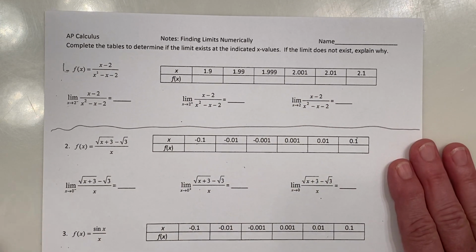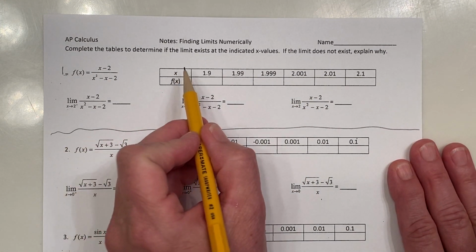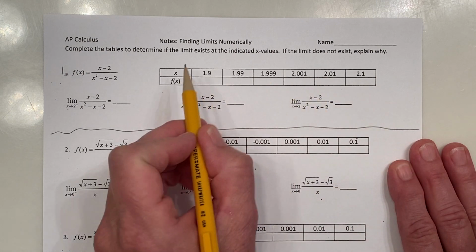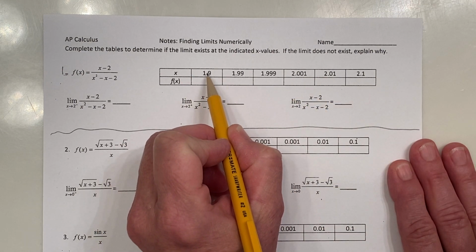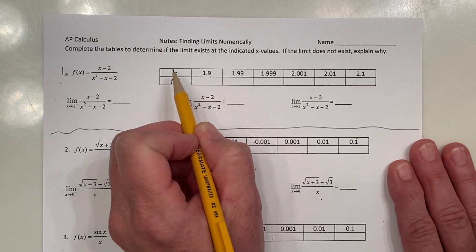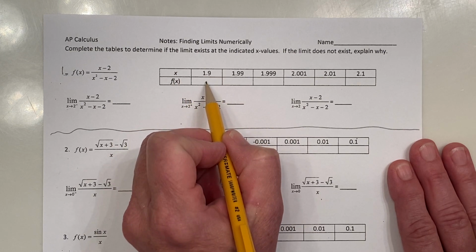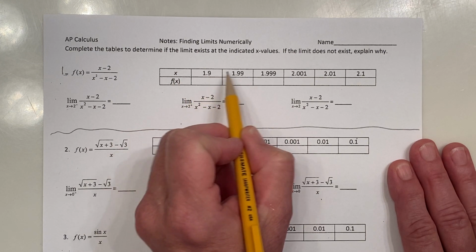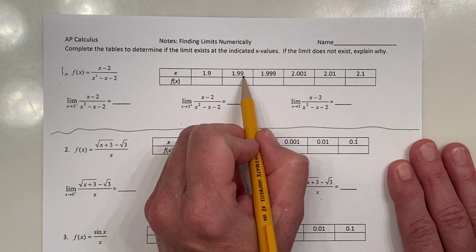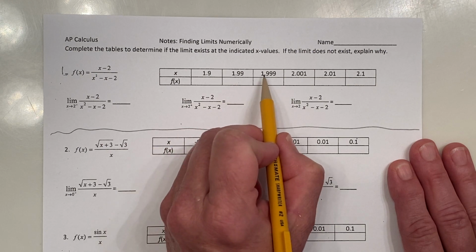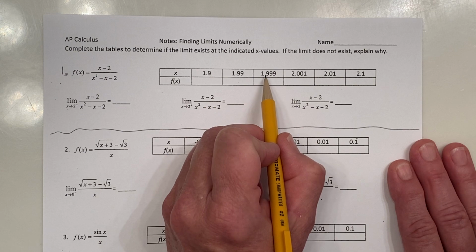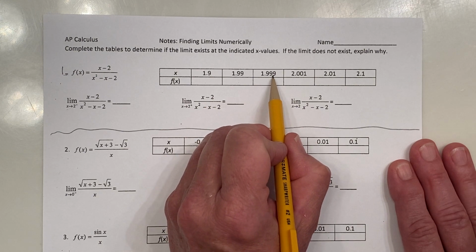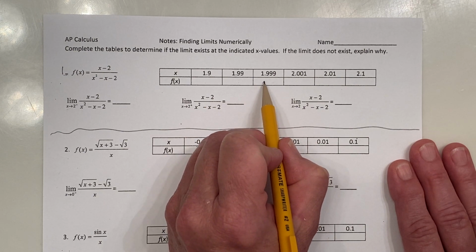And it's good to pay attention to what's going on in this table. This top row is for x values. And just observe the pattern of this top row. When x is 1.9, what's the y value? And then when x is 1.99, what's the y value on f? Then as x gets closer to 2, 1.999, what's the y value at that point?